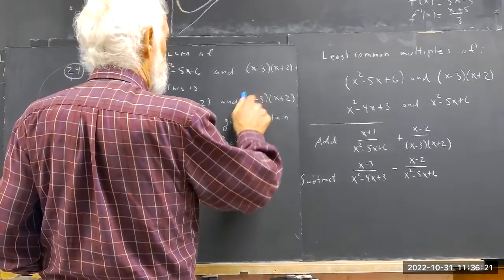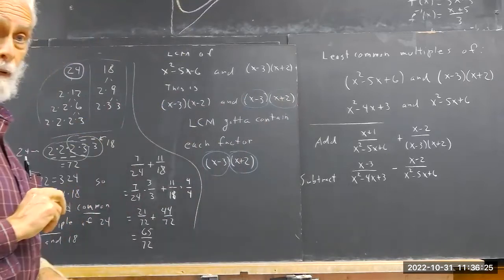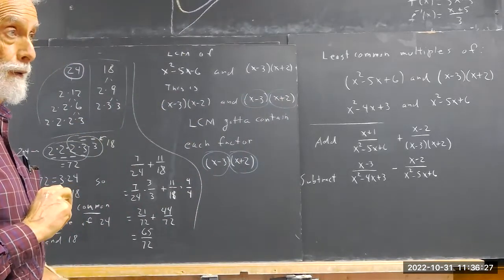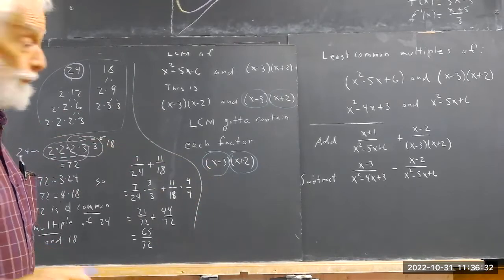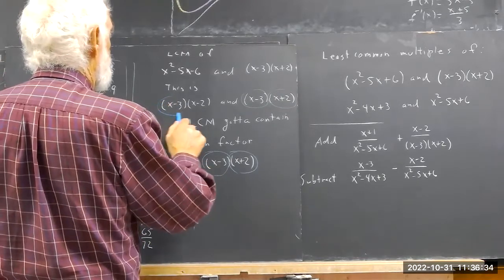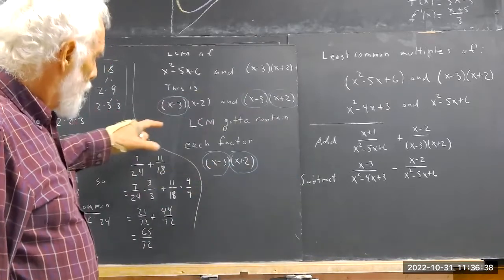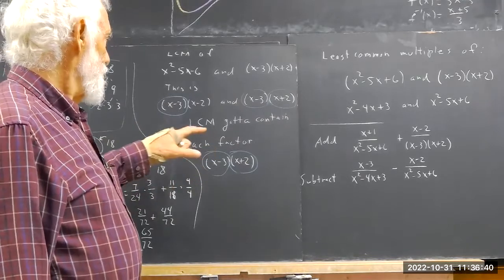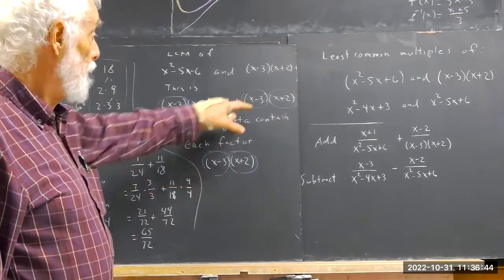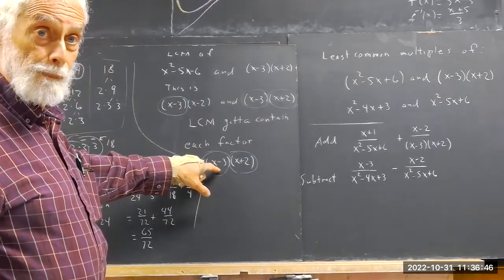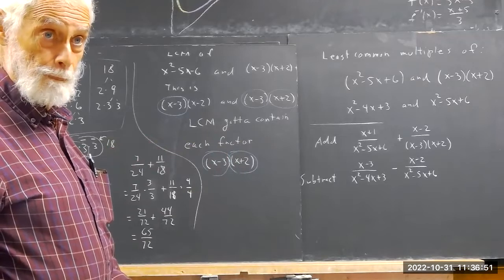We've got x plus 2. Do we have any of this? Oh yeah, we've got the x minus 3. So x minus 3 is contained in this, and this x minus 3 is contained here. We don't have to write it down twice. It's got to be there.